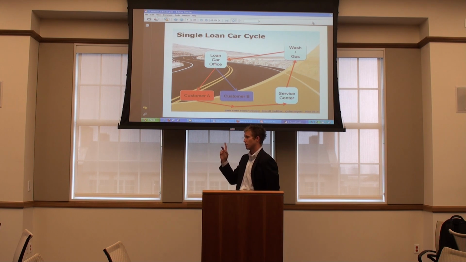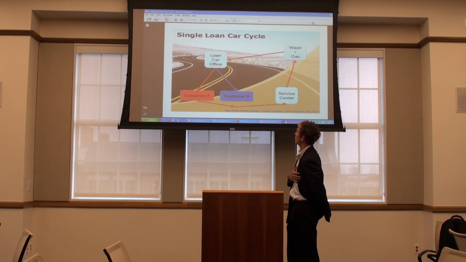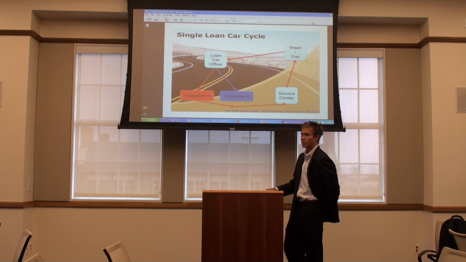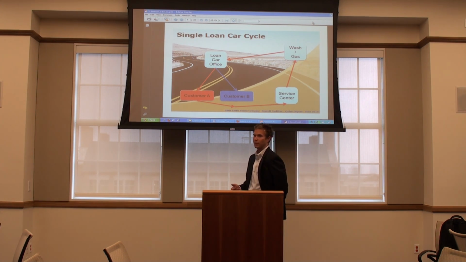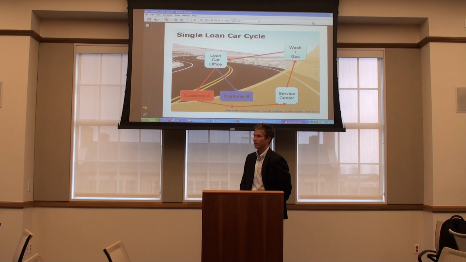It starts with customer A, and from the loaner car office, customer A gets a car. They keep the car for an average of around 60 hours, sometimes up to more than 2 weeks. They keep the car as long as they need it until they hear that the service has been completed, and they are encouraged and requested to return their car within 12 business hours of being notified.